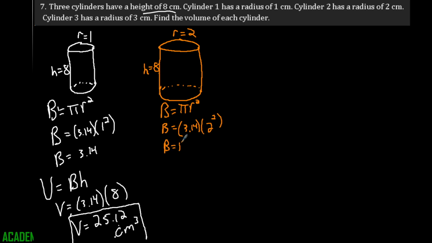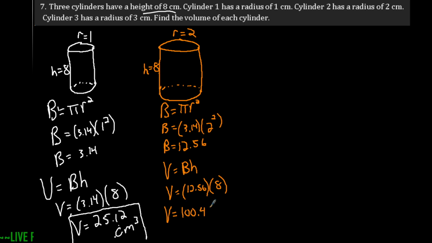So B equals 12.56. And then the volume for this one is still area of the base times the height. So volume equals 12.56 times 8, because that's the height for each of these. And so this is going to be 100.48, and then centimeters cubed, because we're talking about volume. So the second one is 100.48.